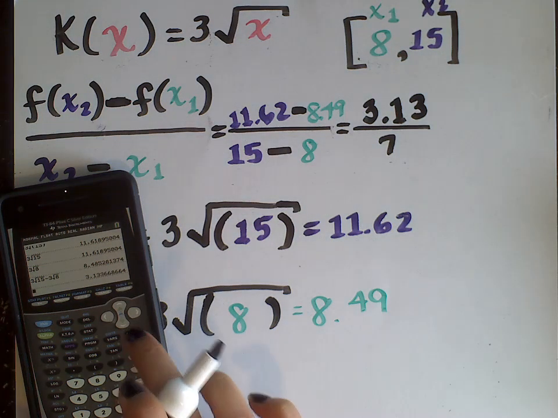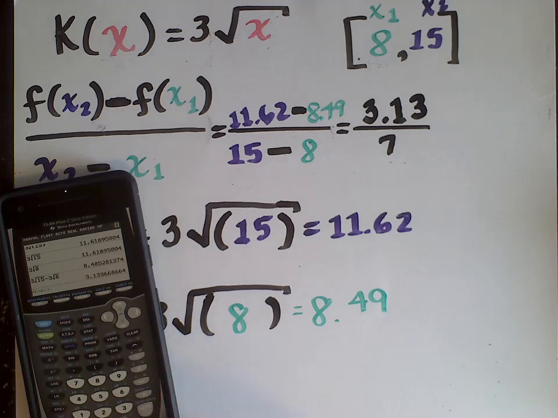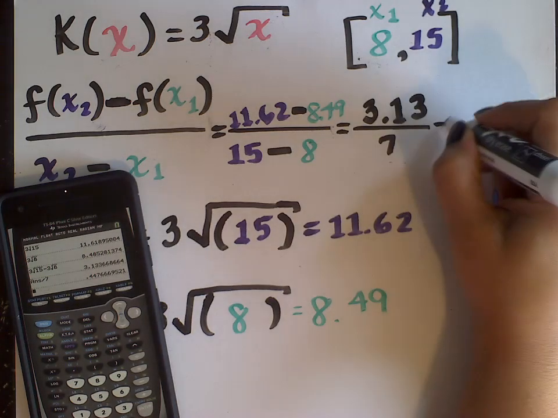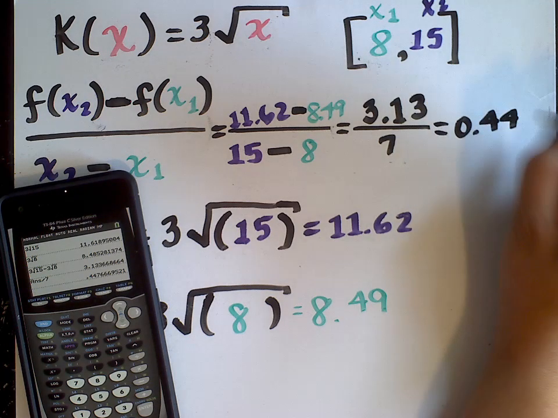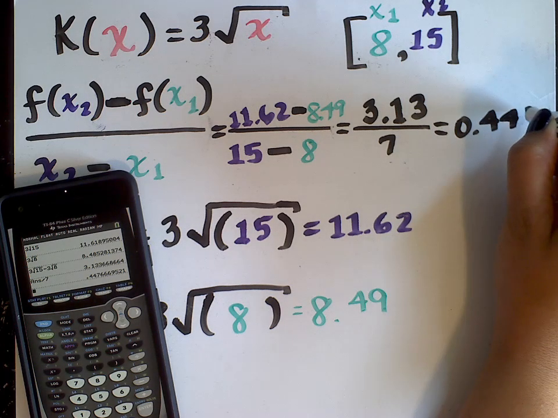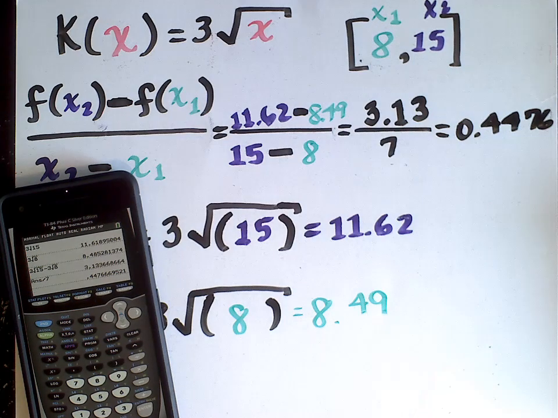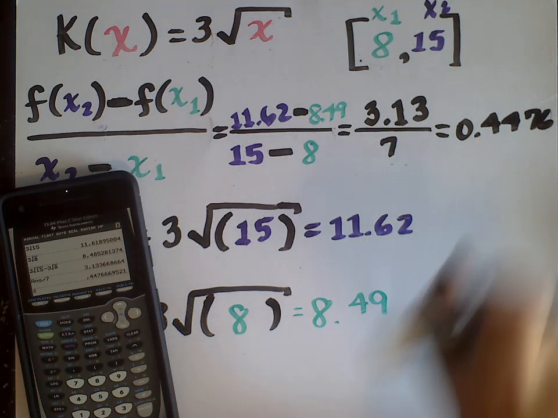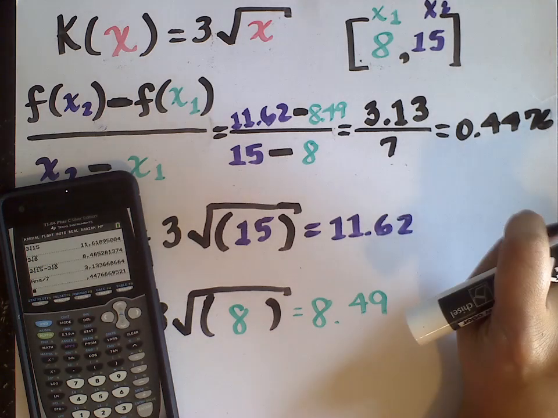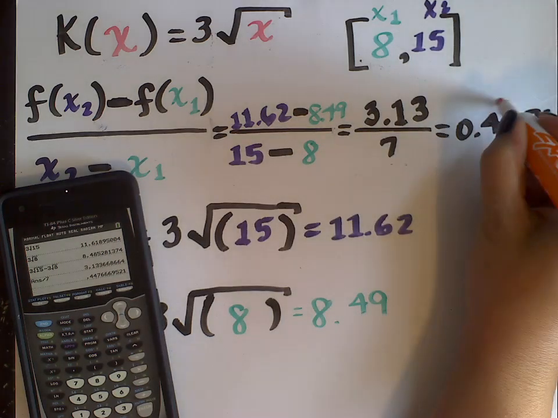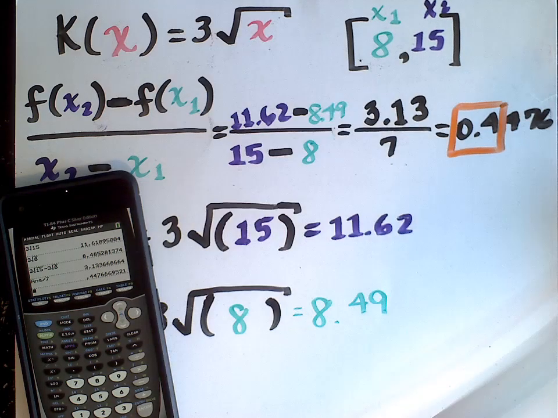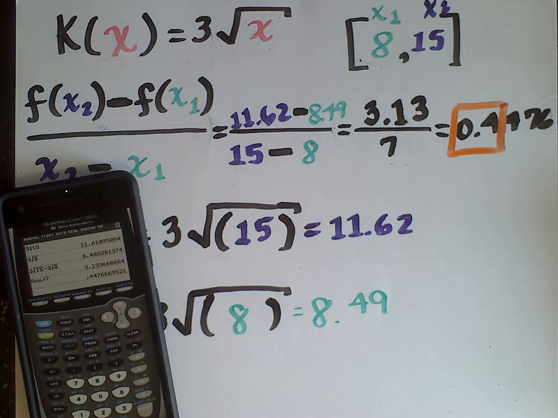And then I would divide that by 7, and it gives me 0.4476, and it keeps on going forever. Now, whenever it comes to IXL, it does specifically state that I only need a decimal up to the 10th place. So that means only 1 decimal place. I would type in 0.4, and that's my final answer.